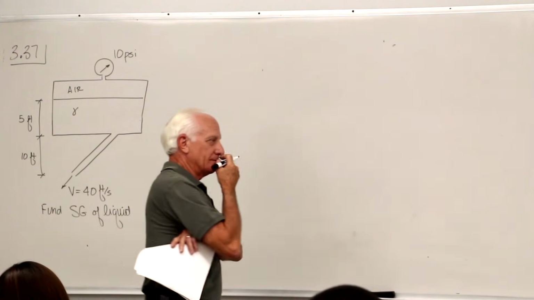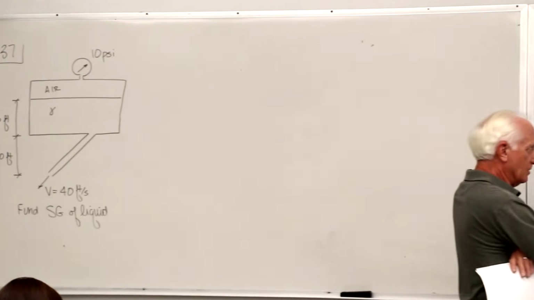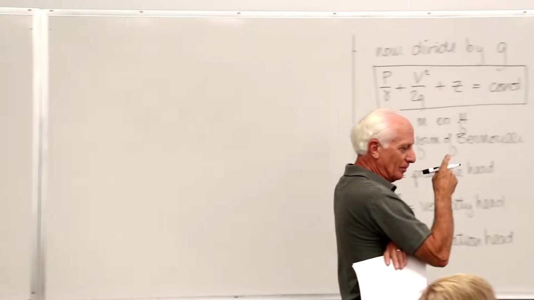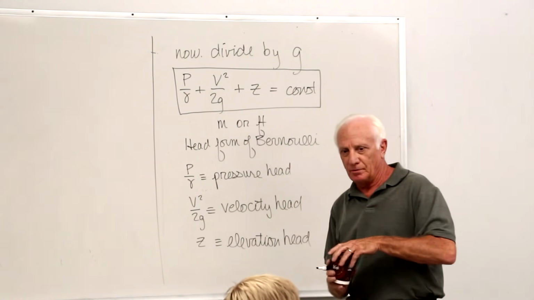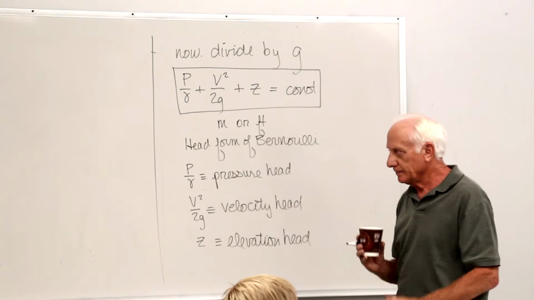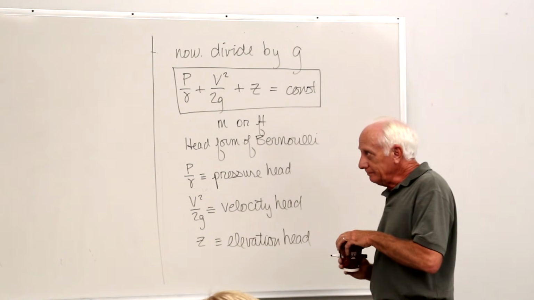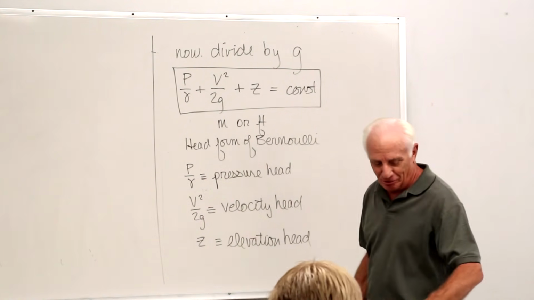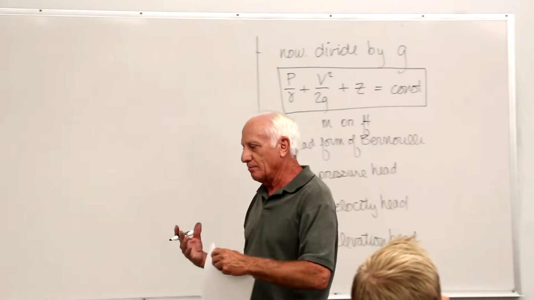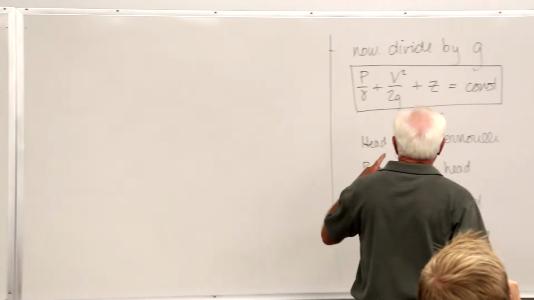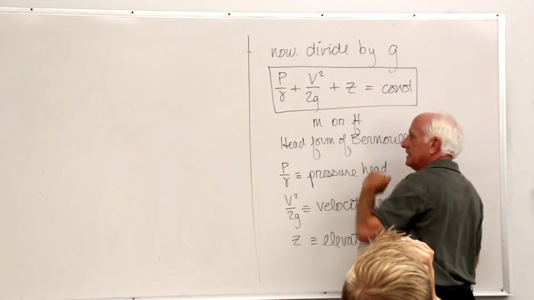When you want to apply the Bernoulli equation, you're going to apply it between 2 points in the flow field. You want to choose those 2 points so that you know the most stuff about the problem. You say, okay, if I choose a point, can I find P, V, or Z there?